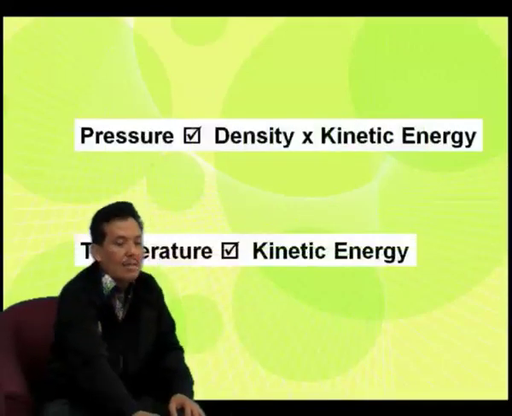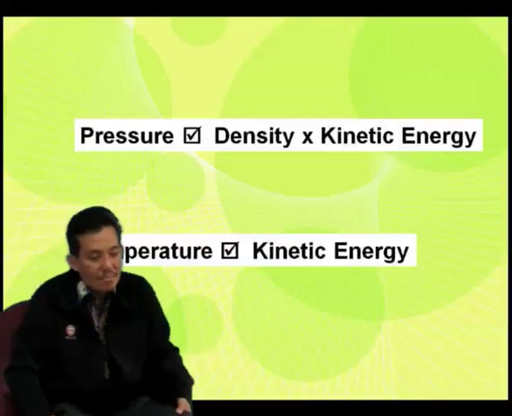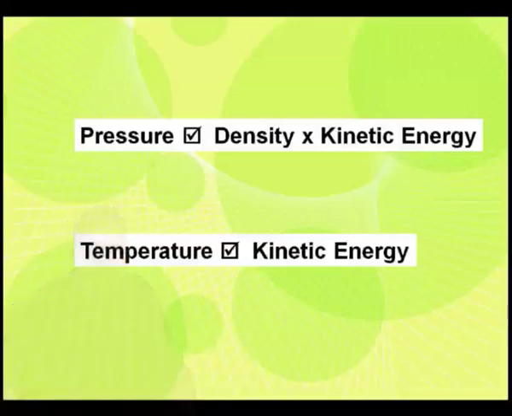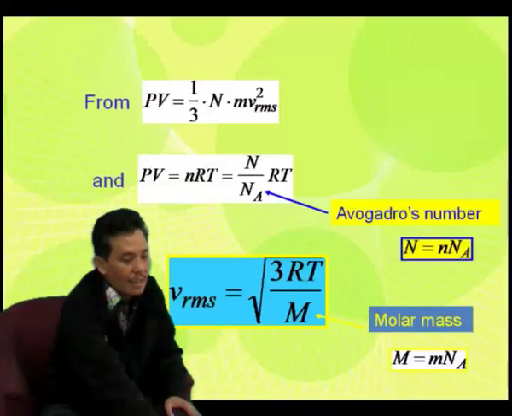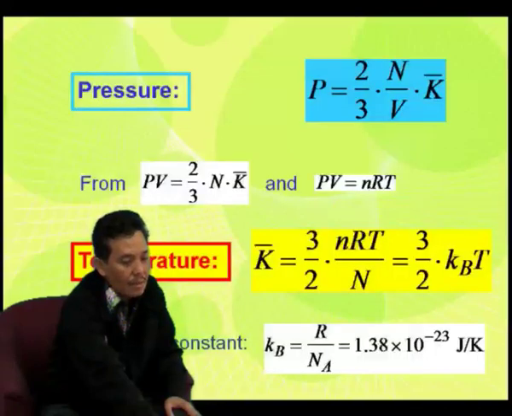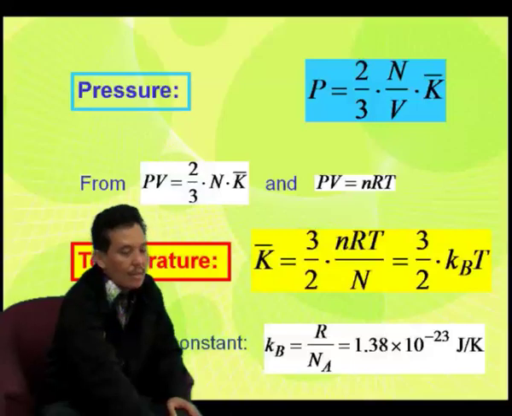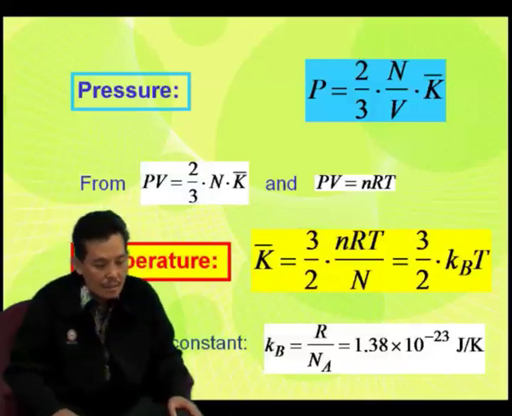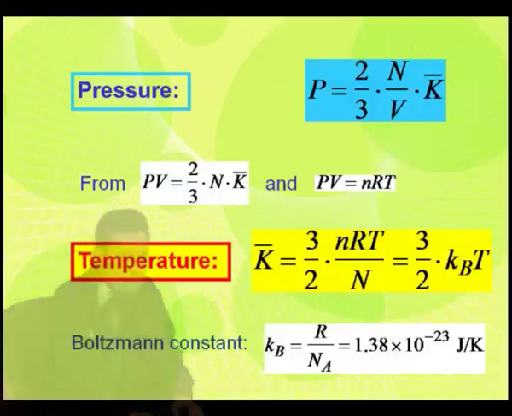So we can say the pressure is actually density times kinetic energy, and temperature is proportional to kinetic energy. Meaning, from the previous equation, we can see that the kinetic energy depends on the temperature.